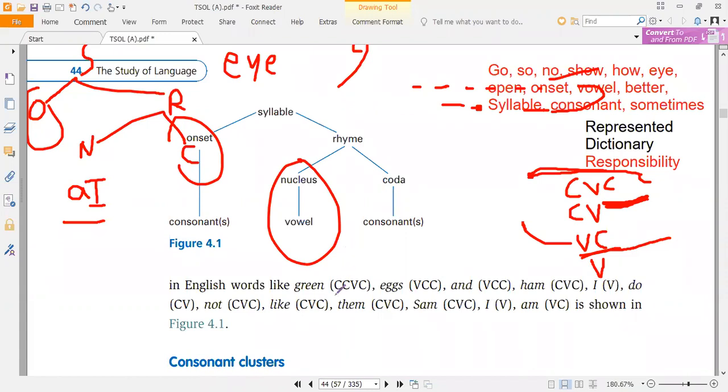We may have some other syllable structures. If you can see here, CCVC, consonant, consonant, vowel, consonant.